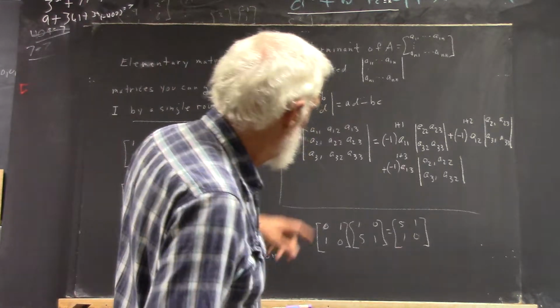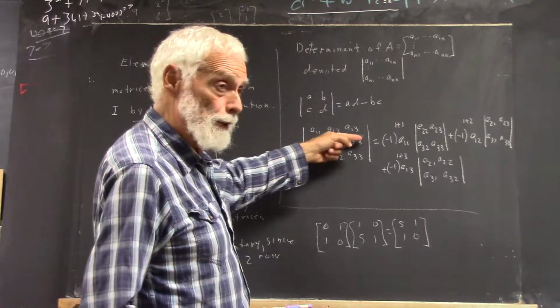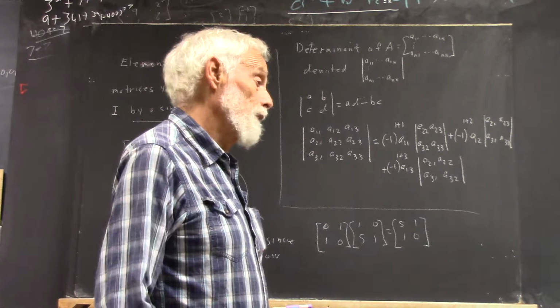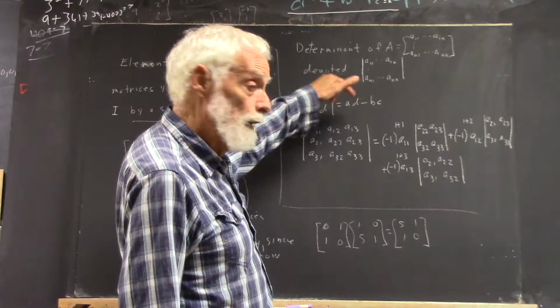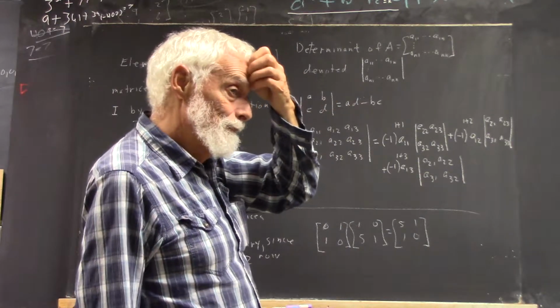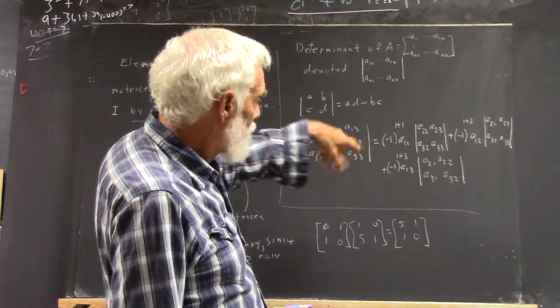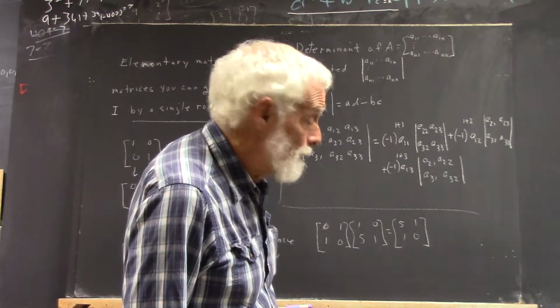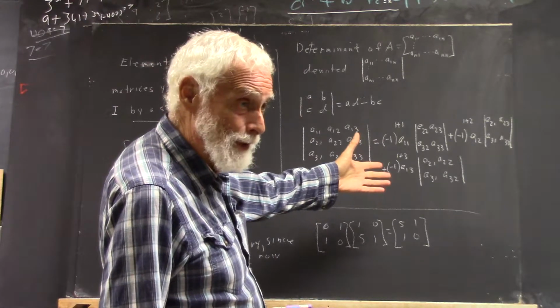Now, you don't have to do that on the first row. You could do it in the second row, or you could do it in the third row. As far as that goes, you can do it in the first column, second column, or the third column. Any row or any column. Okay? That's the rule. Easy to apply. Tedious, but easy.